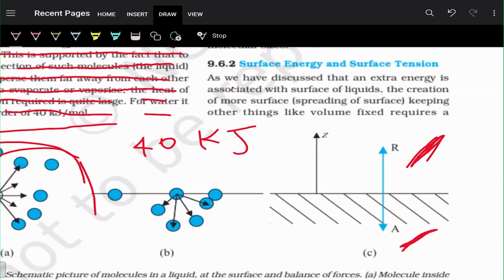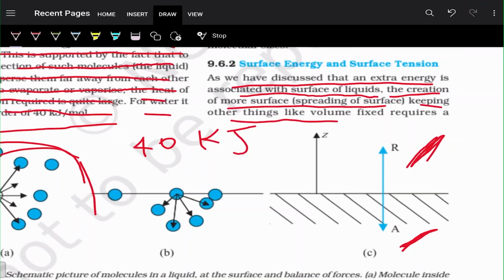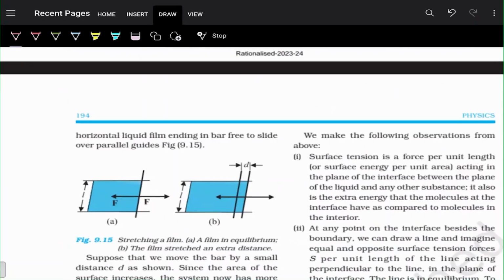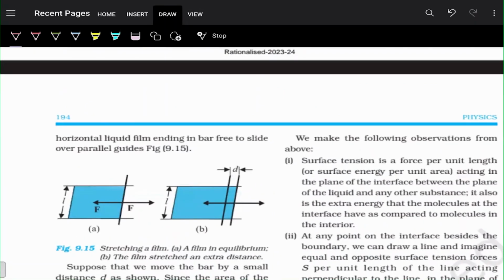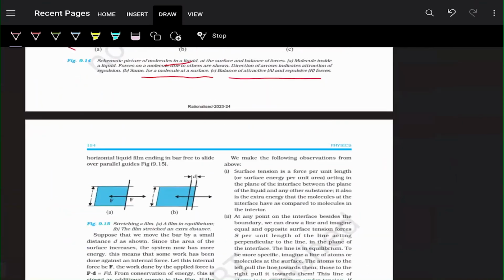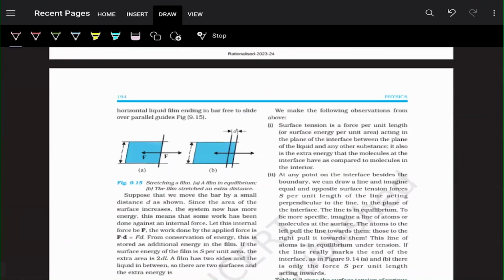As we have discussed, an extra energy is associated with the surface of liquids. The creation of more surface, that is spreading of surface, keeping other things like volume fixed, requires a horizontal liquid film ending in a bar free to slide over parallel guides.